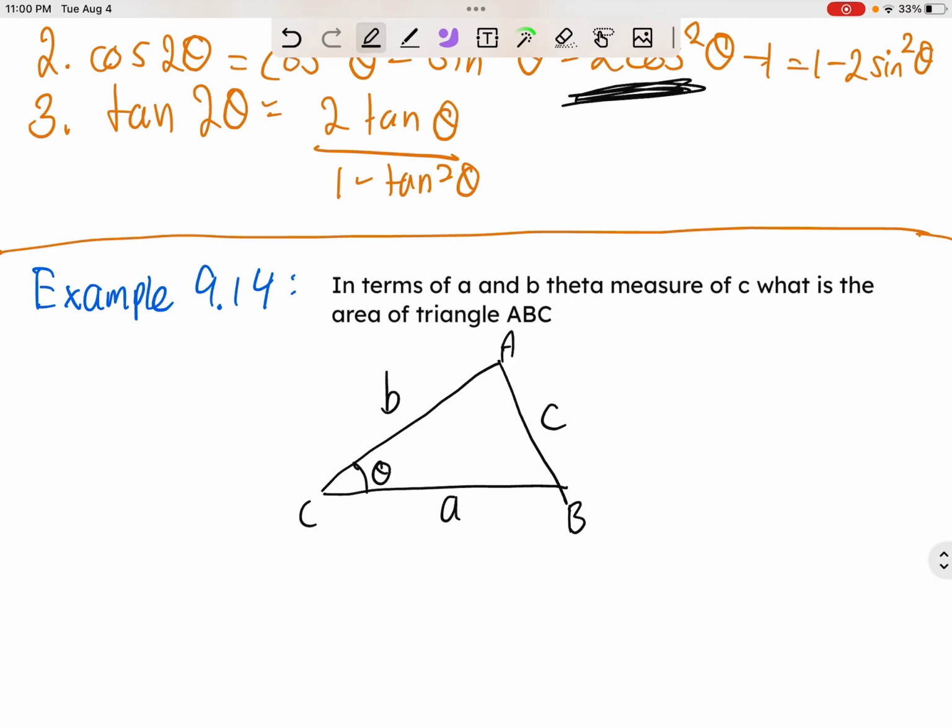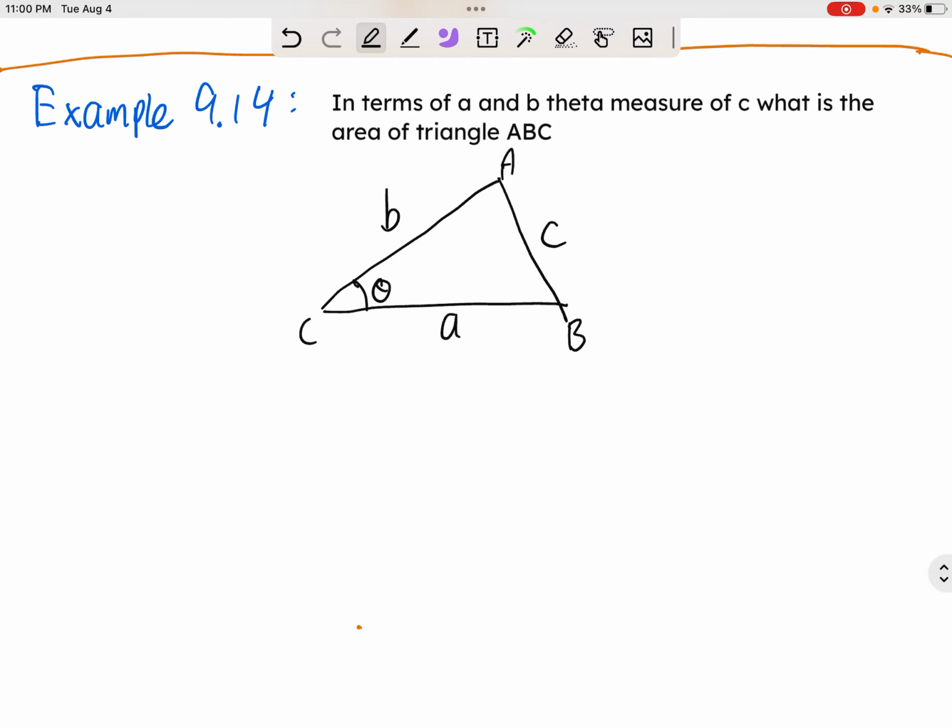And yeah, we'll move on to example 9.14. Okay, so in terms of A, B and theta, the measure of angle C, what is the area of triangle ABC? So we're trying to find the area of this triangle, but we don't have the height. That means we can drop an altitude from A onto line BC. This makes a right triangle.